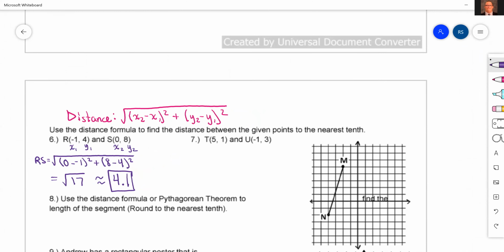Now let's look at 7. 7 we do the same way. We just label our points x1, y1, x2, y2, and then set up our equation. So TU is the square root of -1 minus 5 squared plus 3 minus 1 squared.